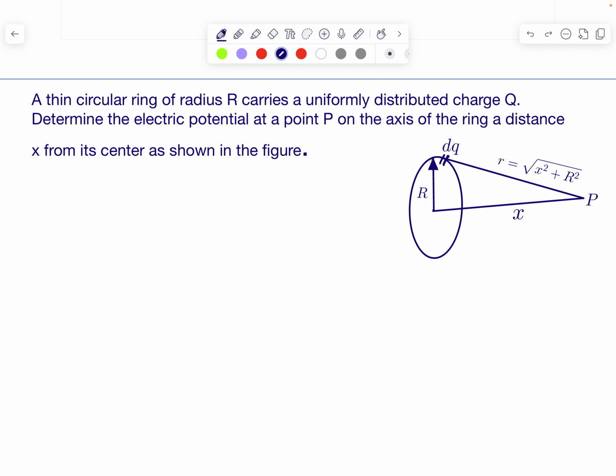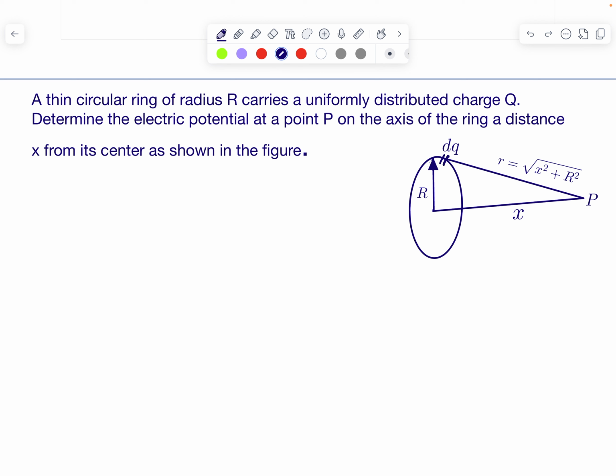Determine the electric potential at point P, on the axis of the ring at distance x from its center, as shown in the figure.